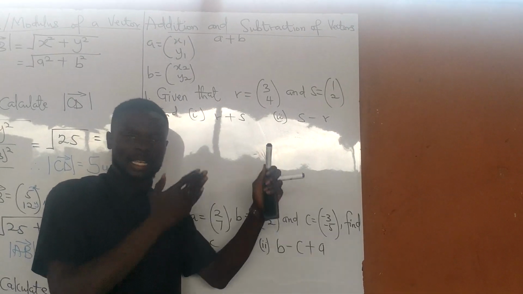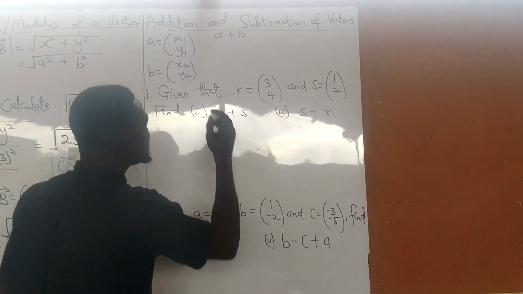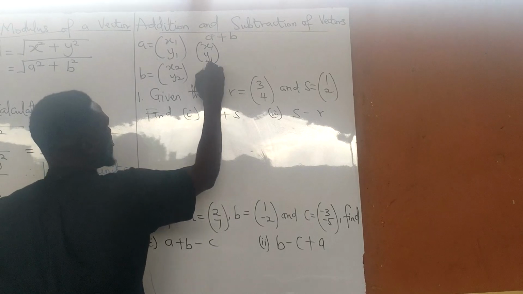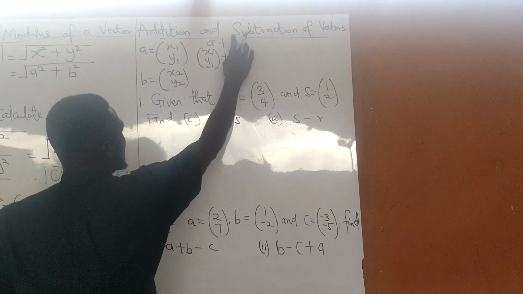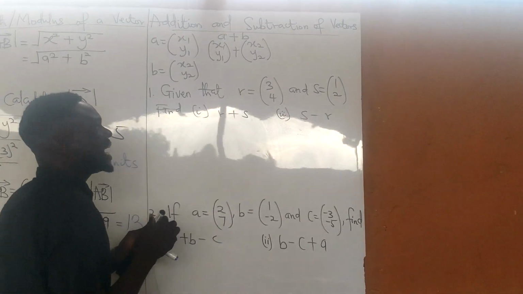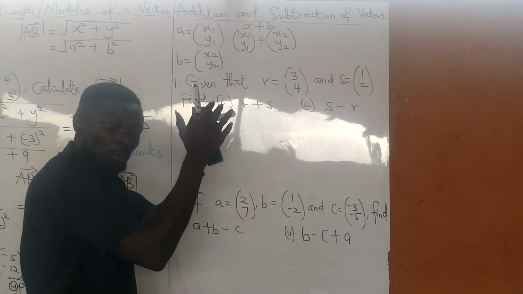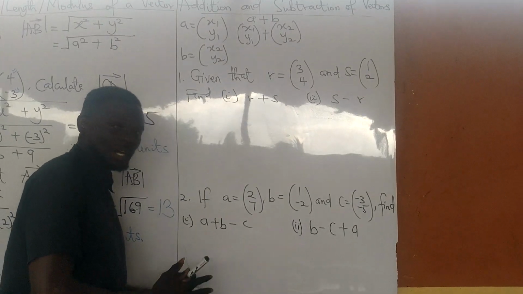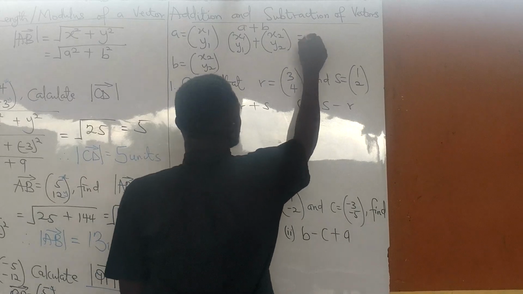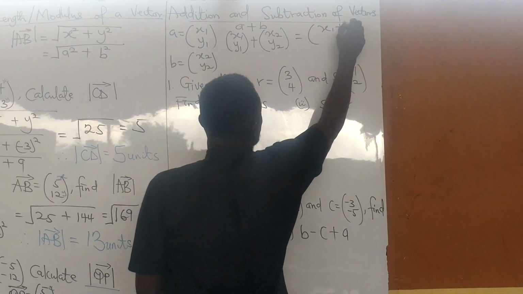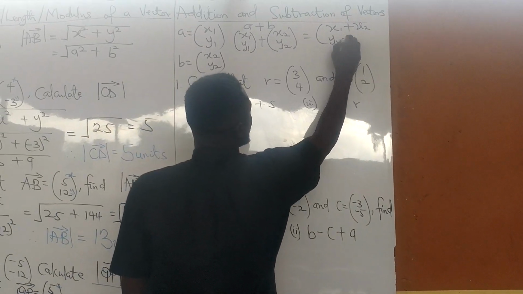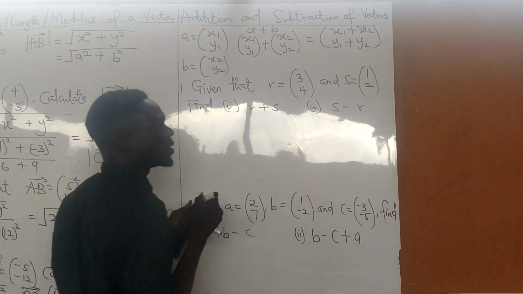We are adding vector A to B. So, x1, y1 plus x2, y2. We just add the x components and also add the y components. So x1 plus x2, and y1 plus y2.